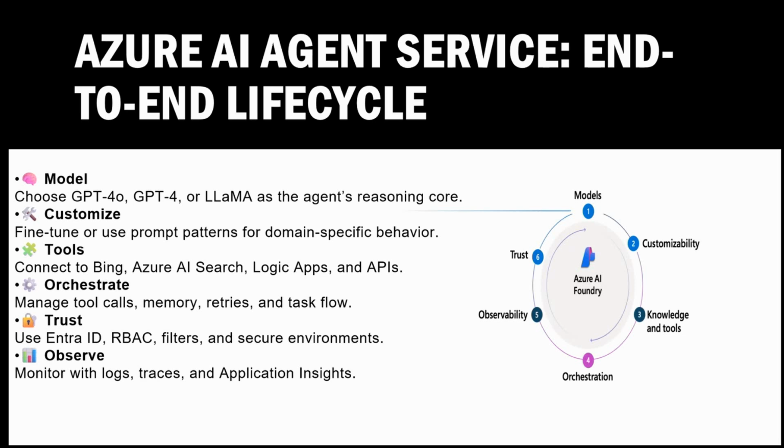What observability does is that it is used for having the logs and traces, and you can have Application Insights, and you can evaluate each and every step your agent is working on. And when you want some kind of result, you can connect it with the various insights that you have.